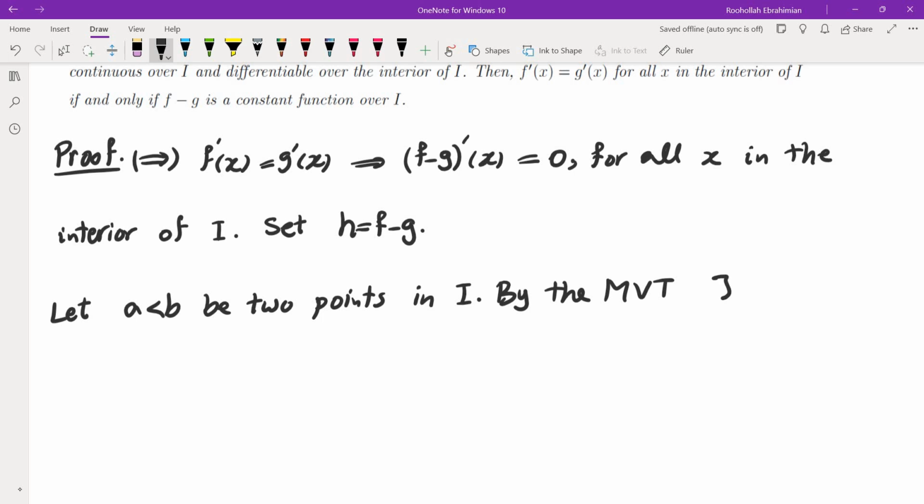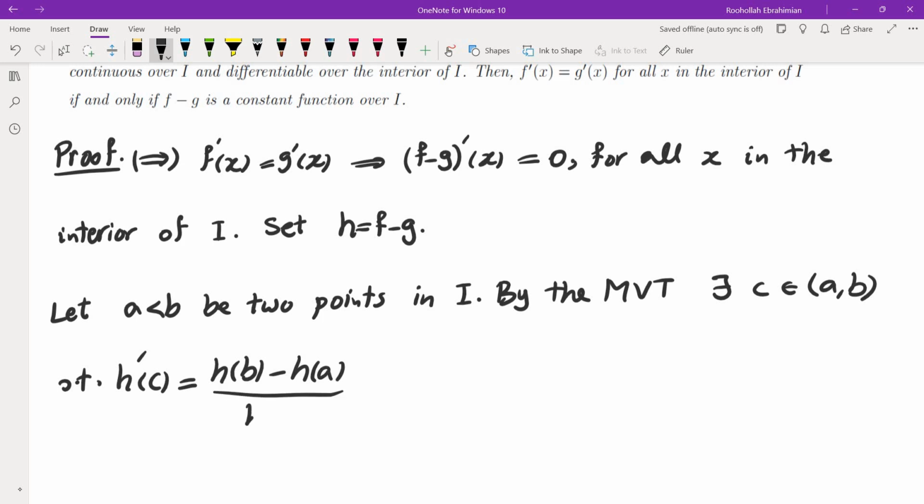By the mean value theorem, there is some c between a and b such that h prime of c is equal to h of b minus h of a over b minus a.